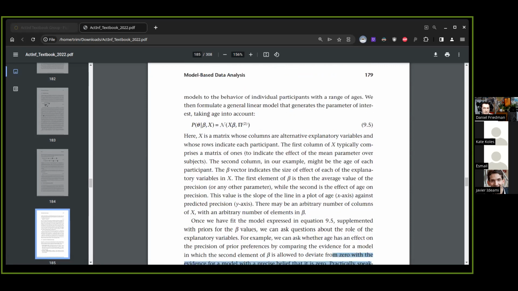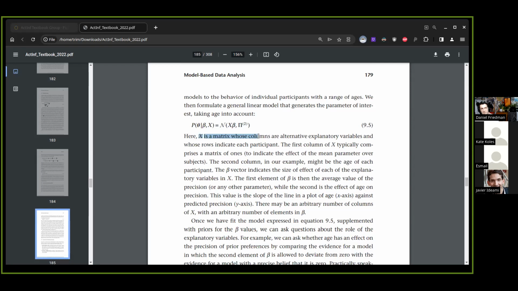Essentially, the point is we can model empirical data by articulating the design matrix X. So the experimental design is represented in this matrix.